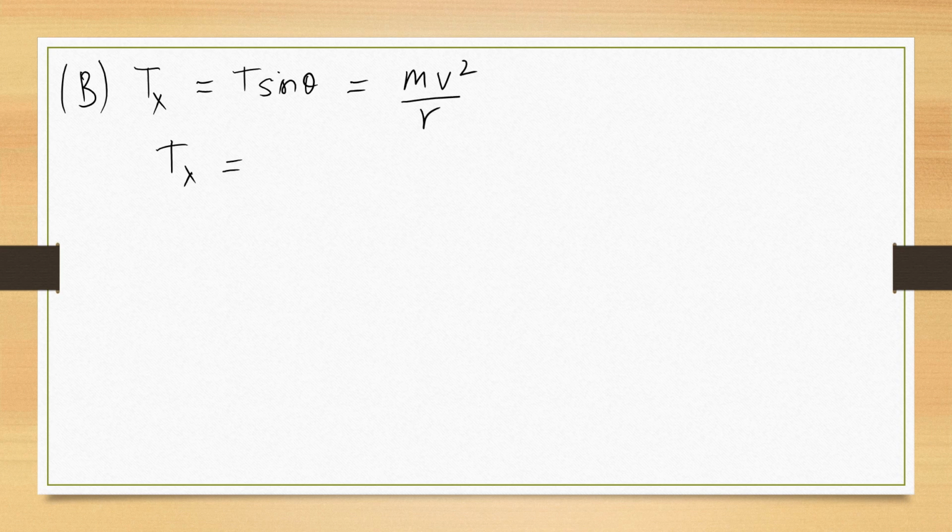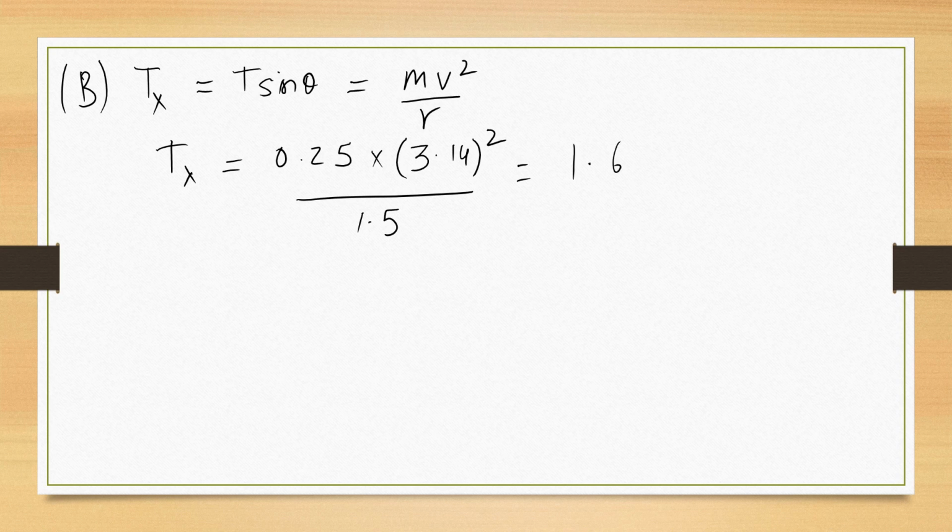The mass was 0.25, the velocity we have just calculated in the first part is 3.14, and the radius was 1.5. When I solve this, we are going to get 1.64 newtons. Remember, if it's not given in the question, then keep your answer up to 2 decimal places.